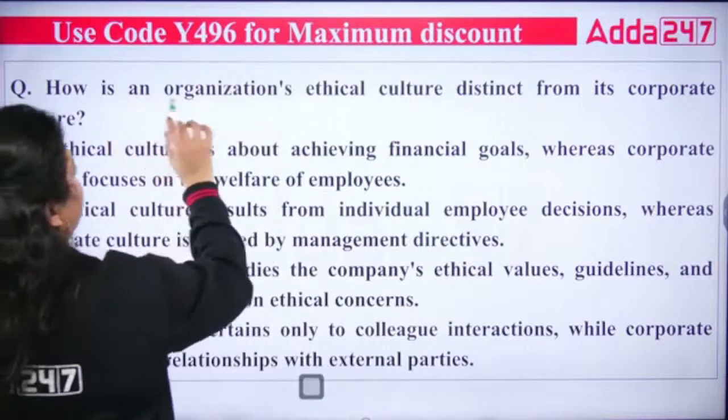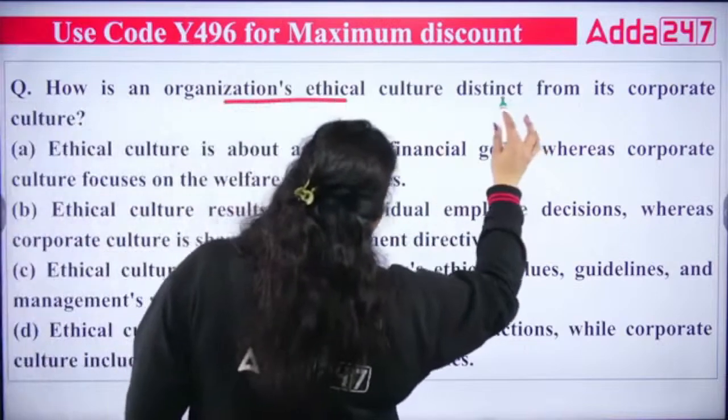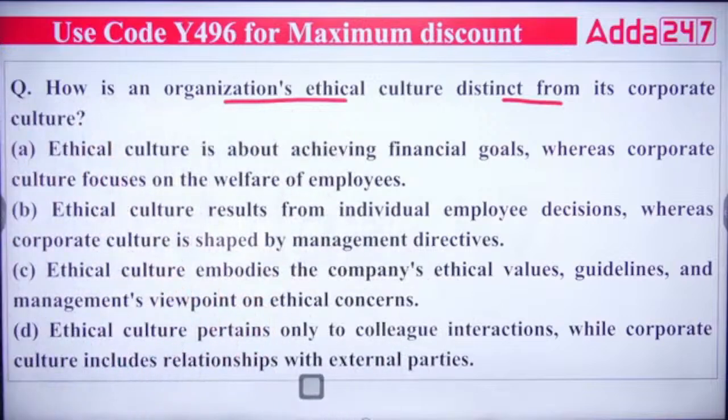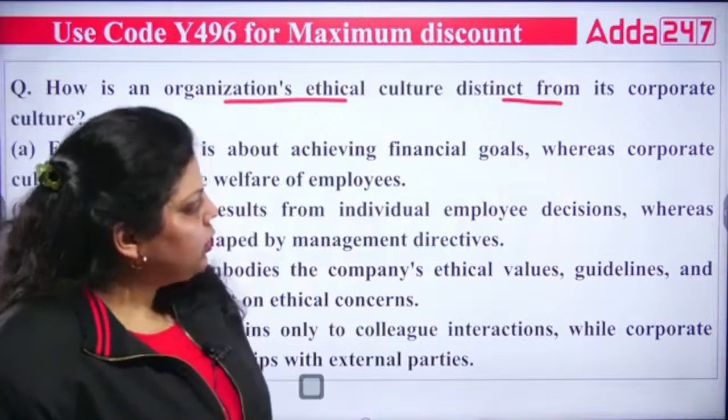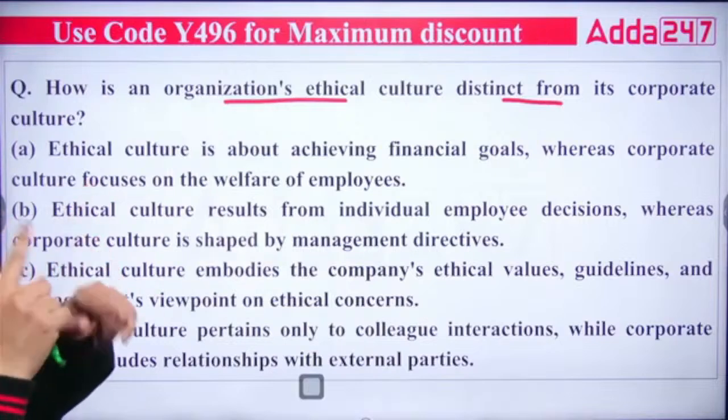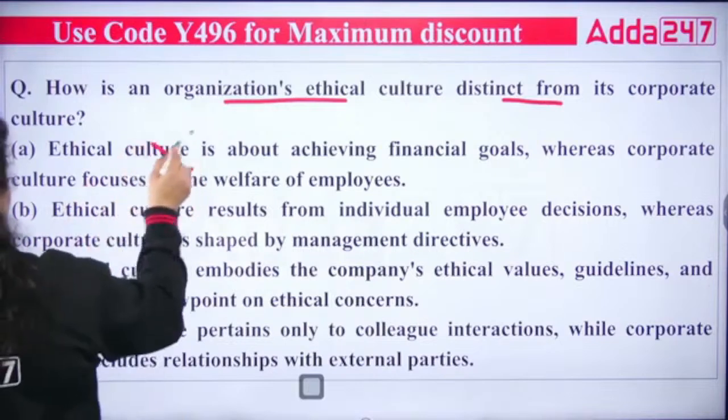How is an organization's ethical culture different from its corporate culture? First is saying ethical culture is all about achieving financial goals, whereas corporate culture focuses on the welfare of employees. They have interchanged the objectives. This is not true.